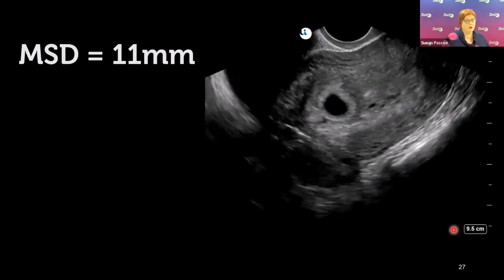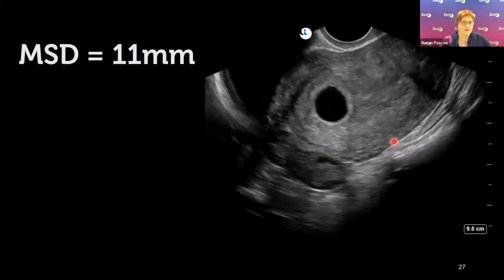Now, for those of you working in the MTOP space, if we were to scan this seemingly intrauterine gestation, it's got a double decidual reaction here, but I can't see a yolk sac and I can't see a fetal pole.